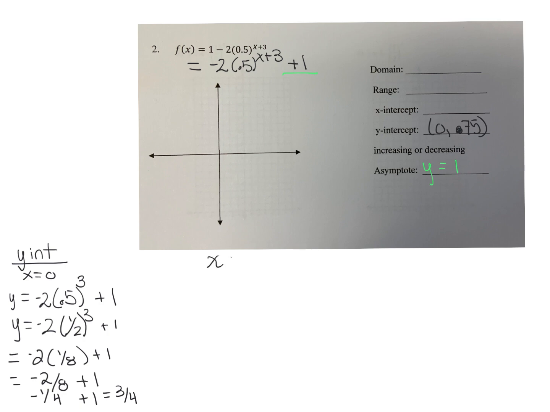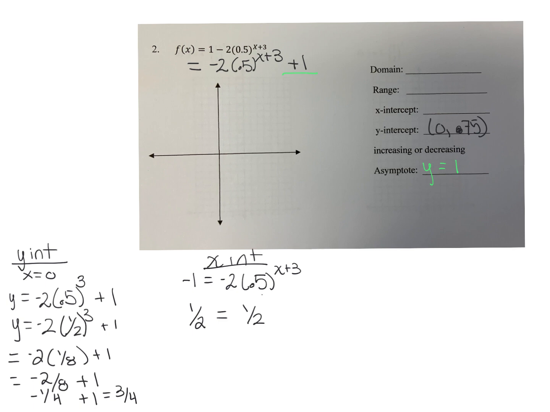To do my x-intercept, I'm going to plug a 0 in for the y, so I'm going to minus my 1 over. Don't drop your negative: negative 2.5 x plus 3. Divide by this negative, so I get 1/2 equals 1/2 to the x plus 3, rewriting my 0.5 as 1/2.